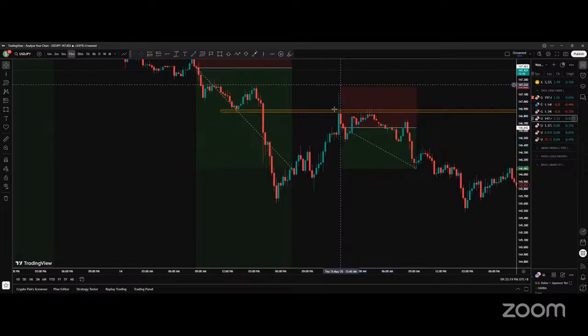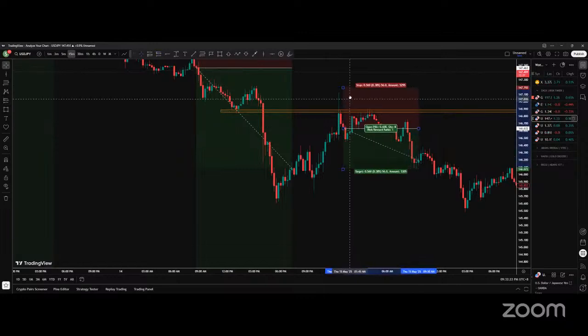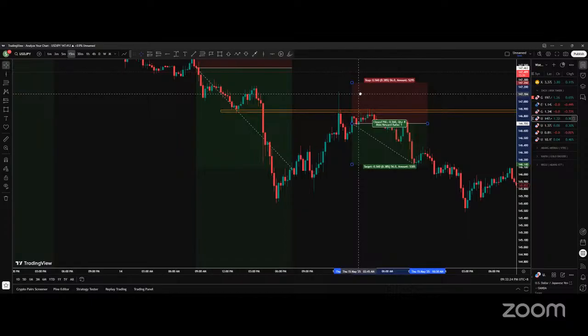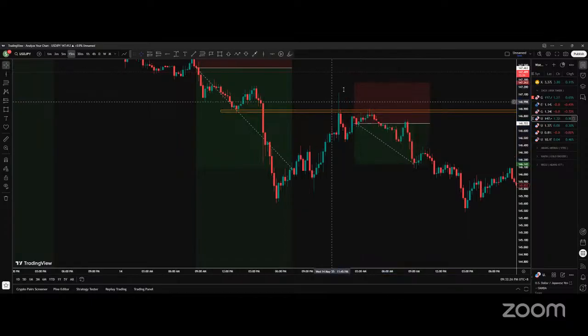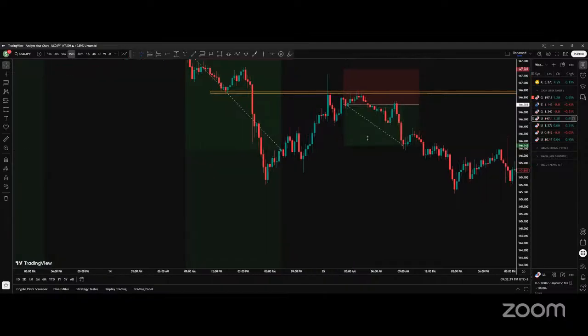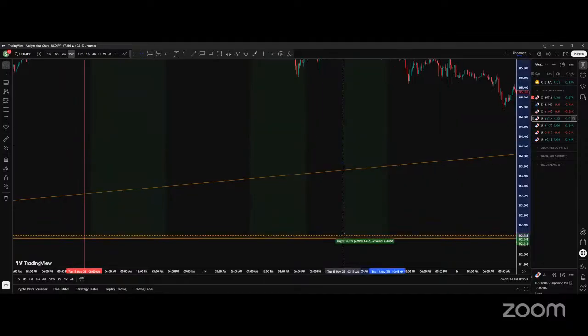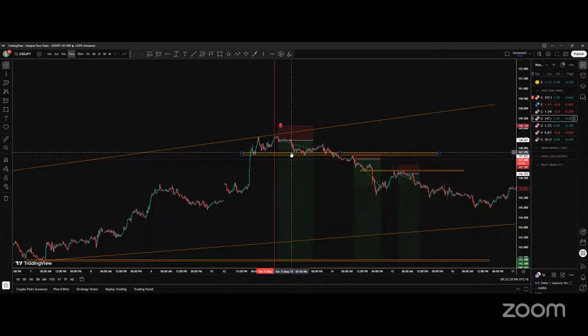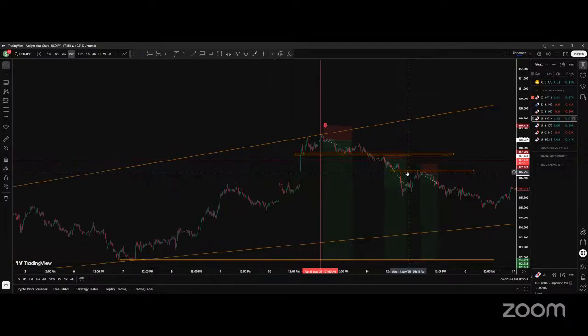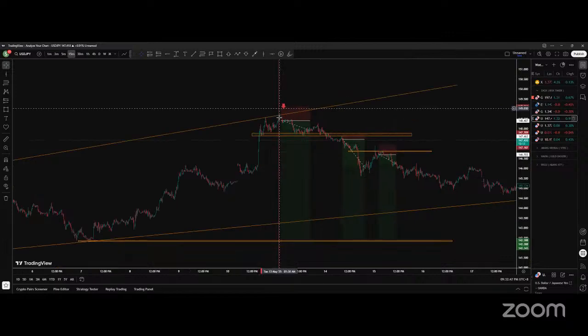But I wouldn't use that, it's not really that clean. This is better. This entry point, bearish engulfing, and same story. The take profit is exactly at the same area as well. The difference is that here you execute on Tuesday, this one on Wednesday, and this one on Thursday. But the trade idea is exactly the same, just that you're executing on different days.